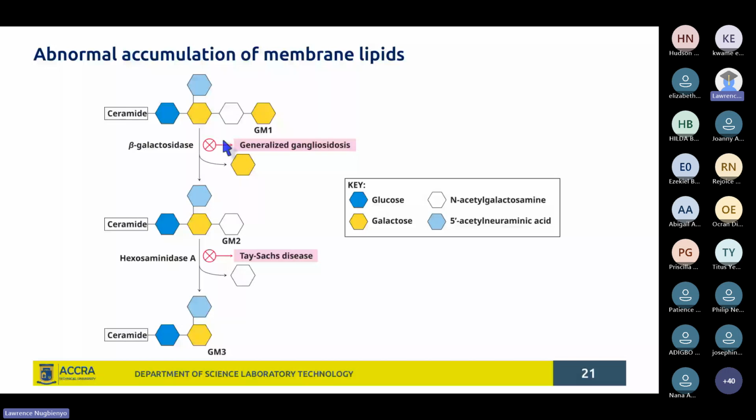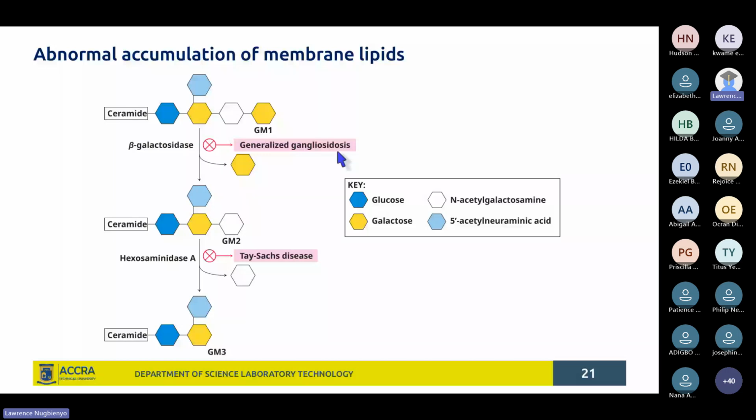These glycolipids are constantly recycled. If the enzyme responsible for cleaving off the terminal galactose residue, converting the glycolipid GM1 to GM2, is deficient, that is beta-galactosidase, you have a condition called generalized gangliosidosis.